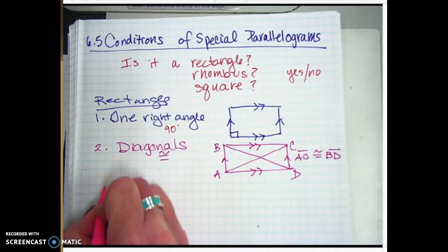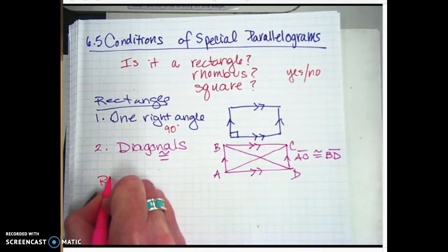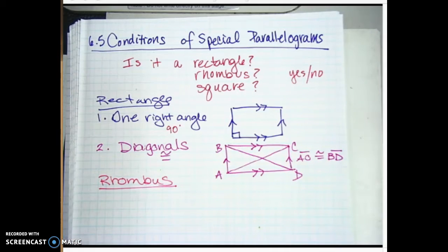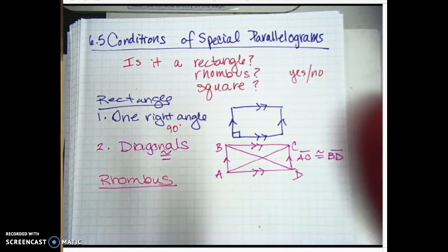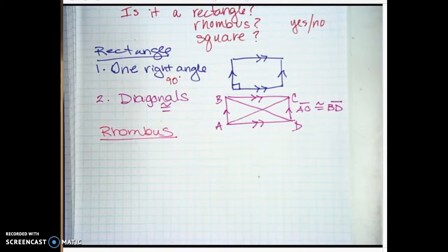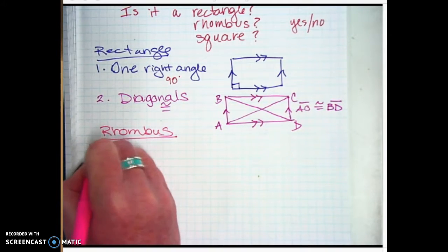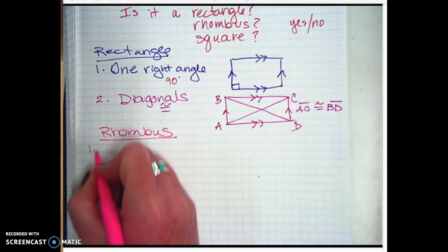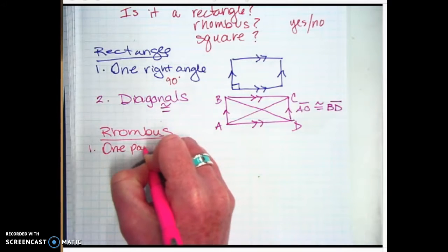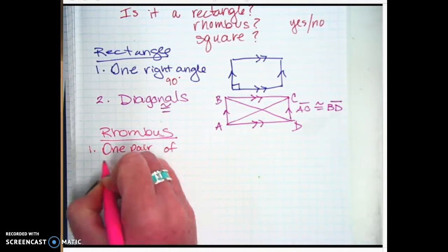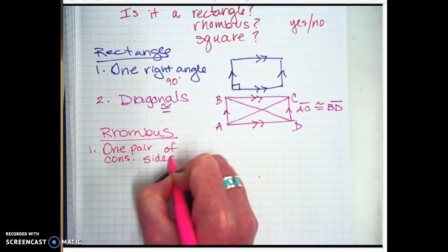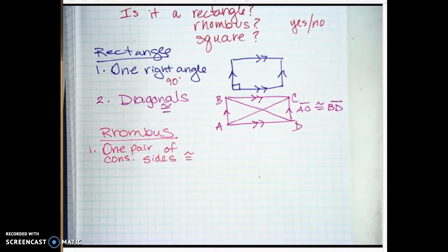Now let's look at the conditions for the rhombus. First off, the rhombus needs to be a parallelogram, with opposite sides parallel, and then one of the following conditions. The first one is that one pair of consecutive sides must be congruent.